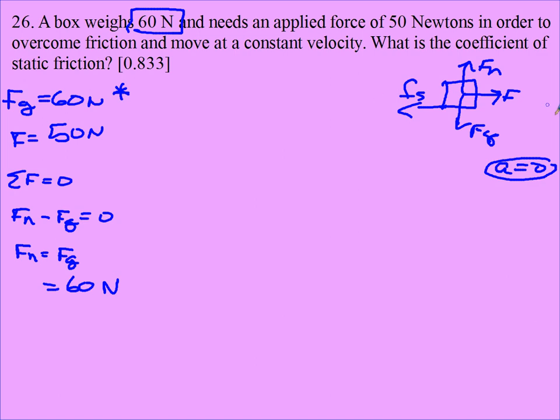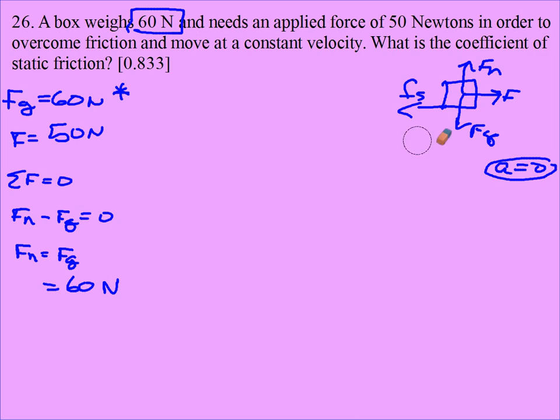Once I have the normal force, I can find the coefficient of friction, because I know friction is mu Fn. Oh, I need to find out what my friction is first. Whoops. Let's back up. Happens to the best of us.